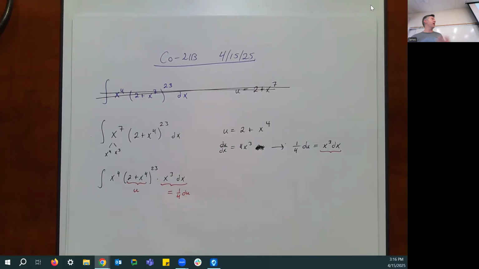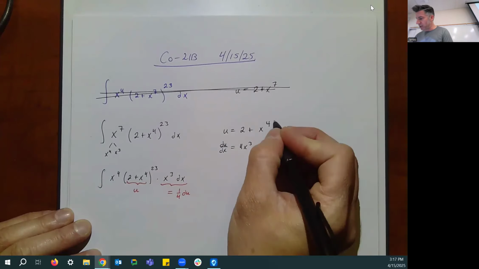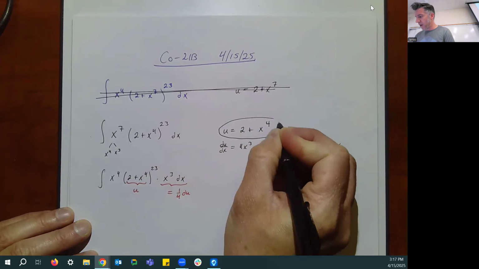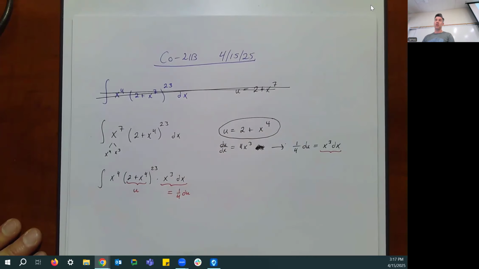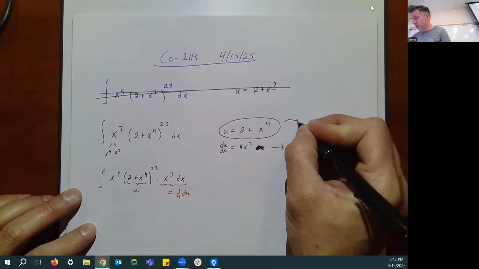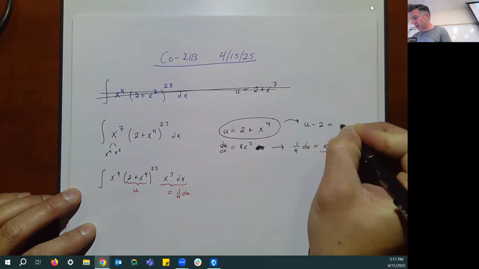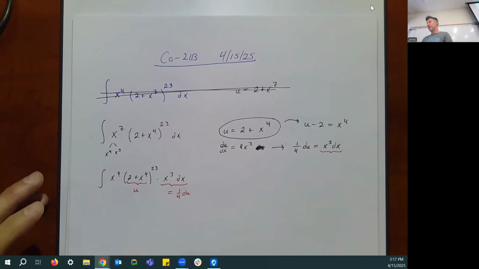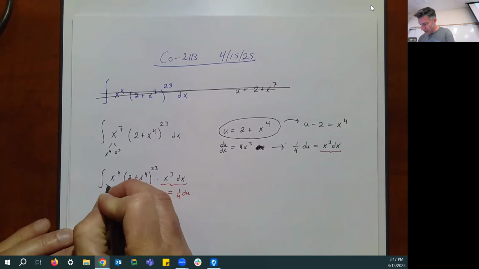For whatever's left over, we take our choice for u and we solve for x as much as necessary. So in this case, I'm just going to subtract 2 from both sides: u minus 2 is x to the 4th. There's no need to take the 4th root of both sides because I don't have just an x left over. I have an x to the 4th. So this x to the 4th exactly gets to be equal to u minus 2.